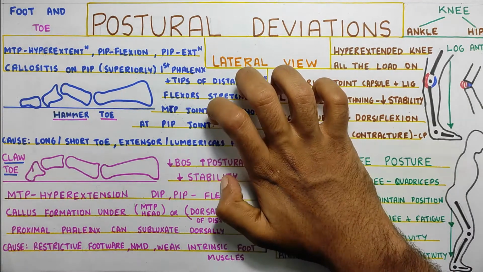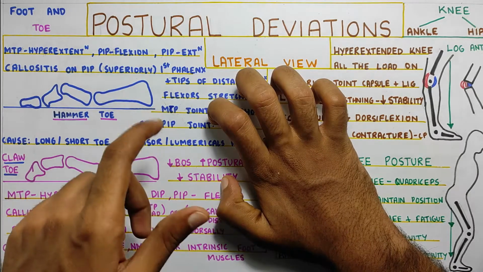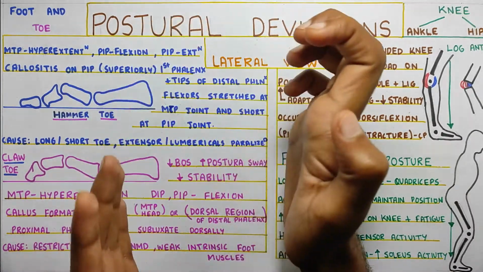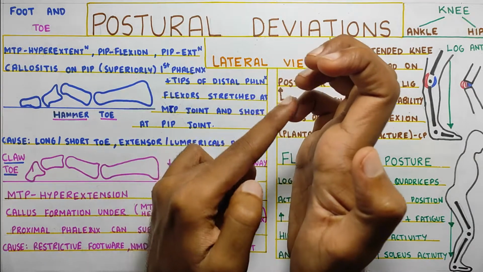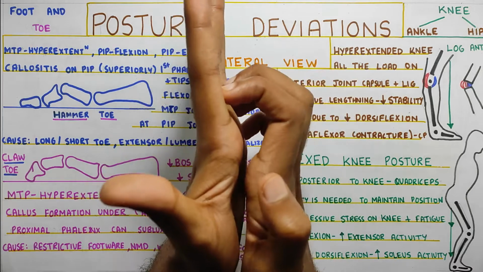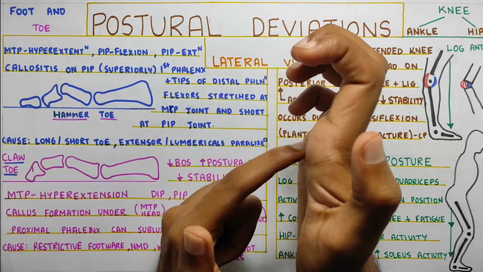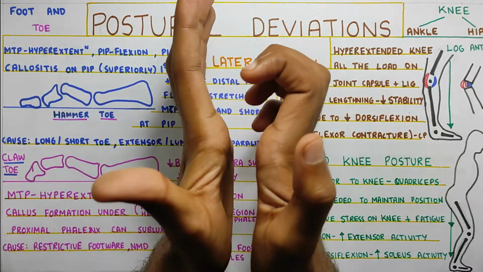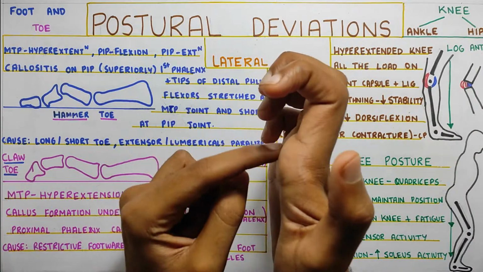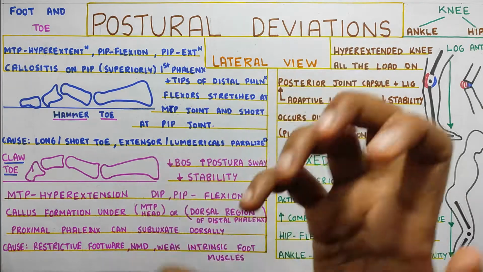Depending on the position, you can guess where the callus will be formed. If you see it from the side, first will be over here because of excessive pressure, and the second one over here, because there is excessive pressure coming from the top onto the ground. So over here the callus, and over here the callus will be formed.